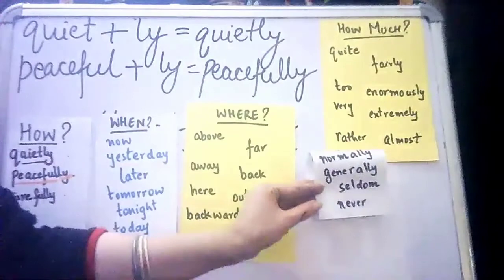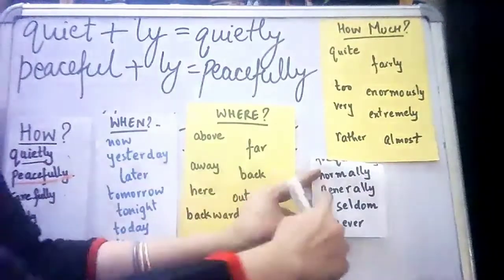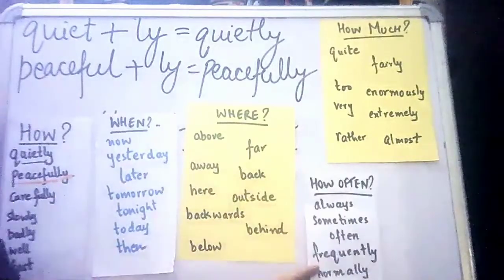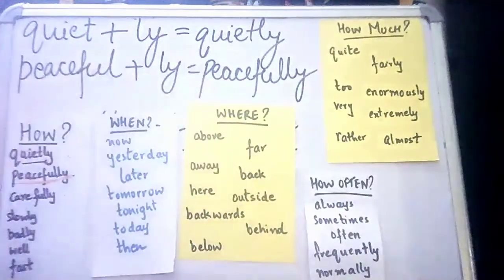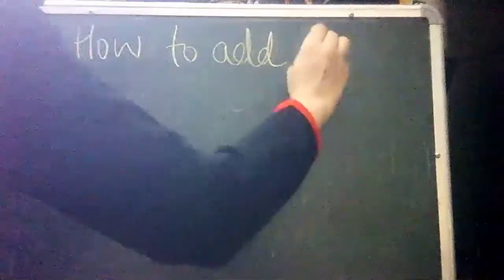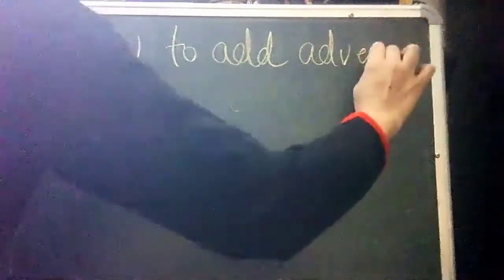There are more, like general plus ly generally, and then seldom and never, they are irregular adverbs. So this is how we form adverbs, by adding ly to the adjectives. So it is easy to form adverbs from the adjective.